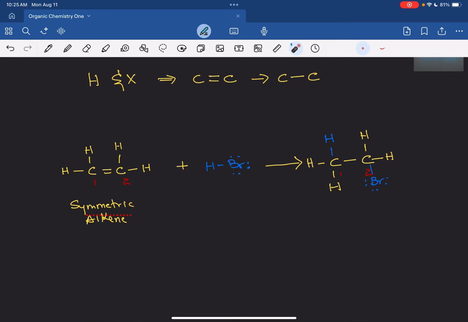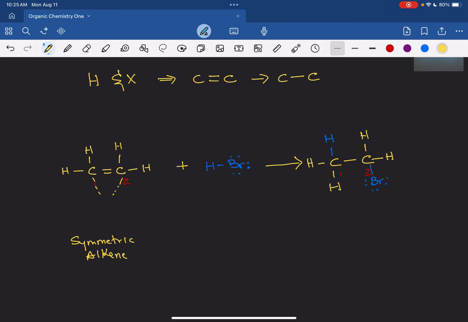right? Let's explain what we mean by a symmetric alkene. By the way, in this reaction, these two carbons of the carbon-carbon double bond where you could possibly add the hydrogen or the bromine, these positions are what we call vinylic positions.